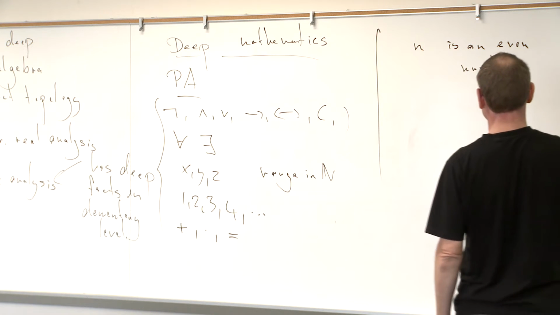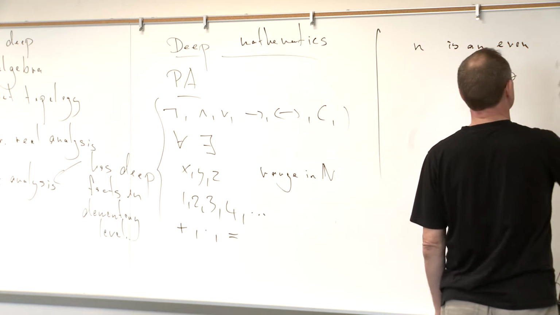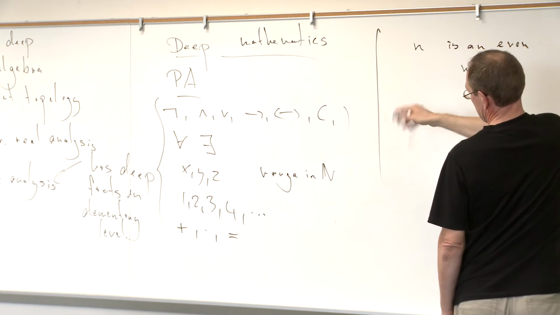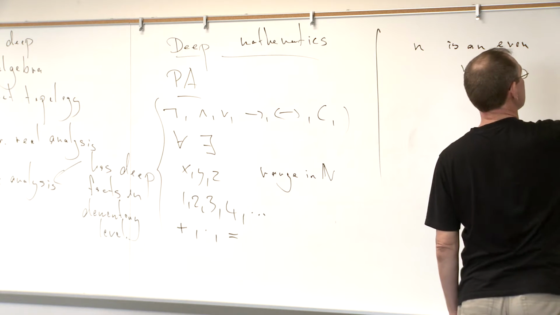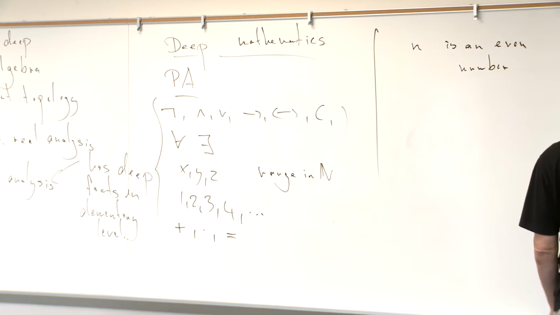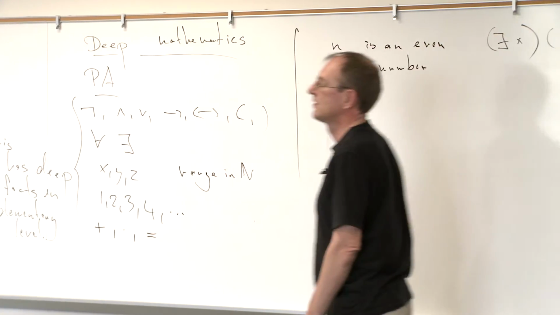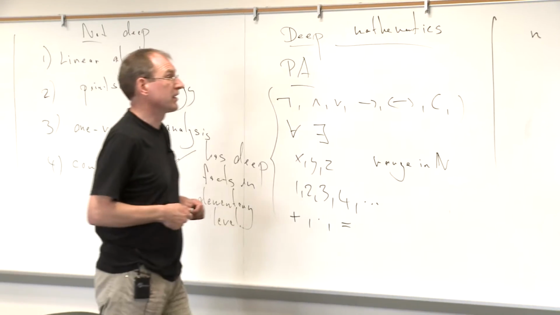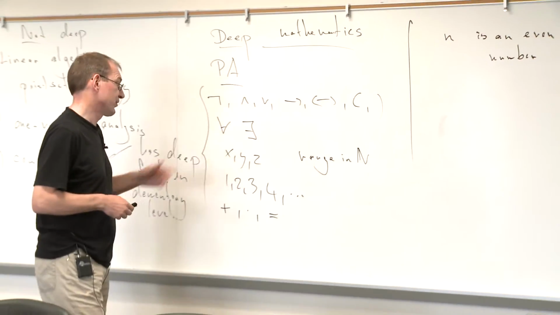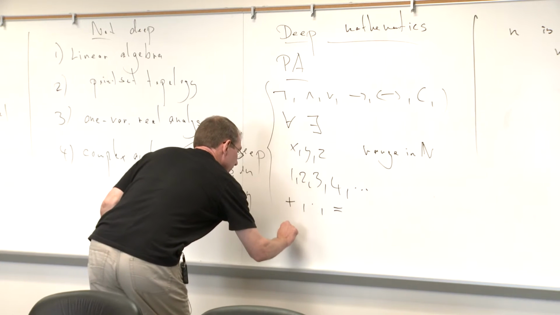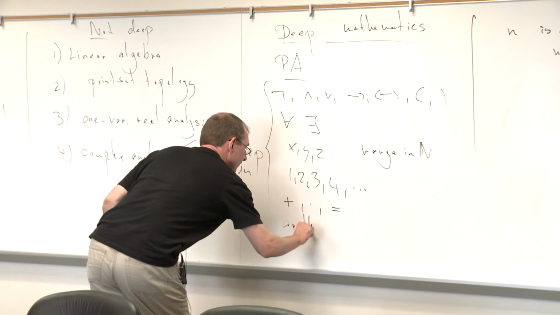Indeed, if you think about this for one second, you would say something like this: there exists an x, where these variables are integers, such that 2 times x is equal to our given n. So this would express this predicate in this formalism. And the predicates that you can express in this formalism are called arithmetic predicates.